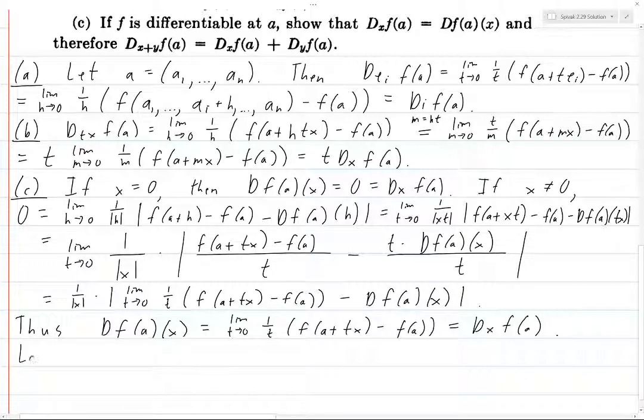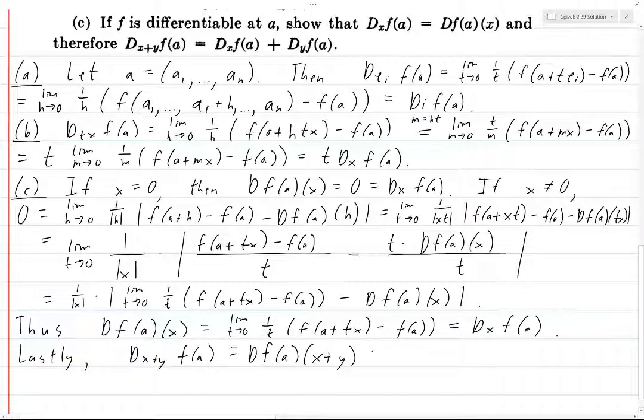Then, lastly, we want to prove this linearity thing: d_{x+y} f of a is equal to df of a at x plus y, and this is because this is literally what we just proved.